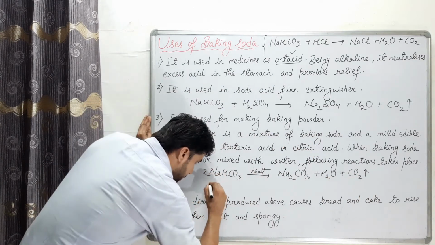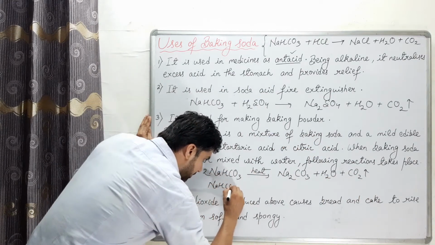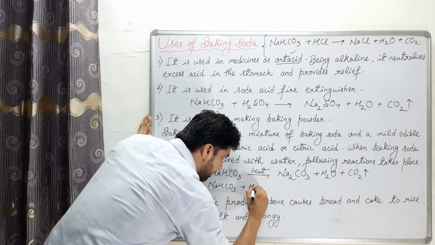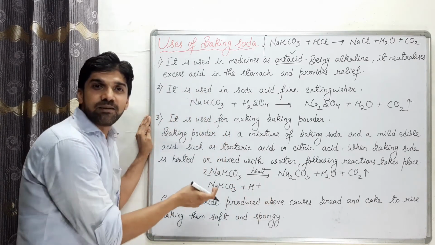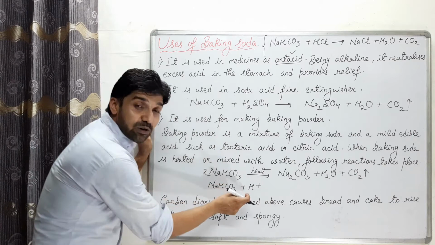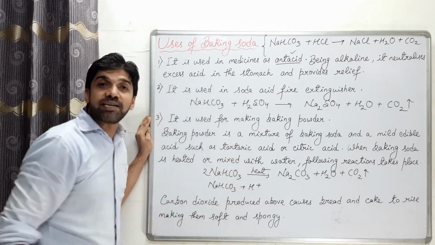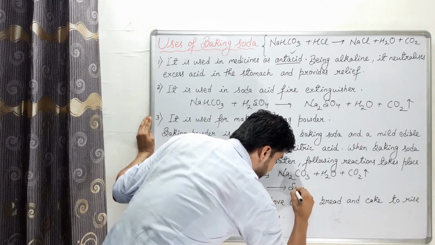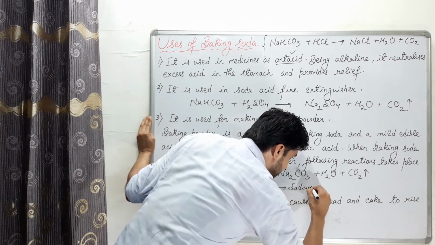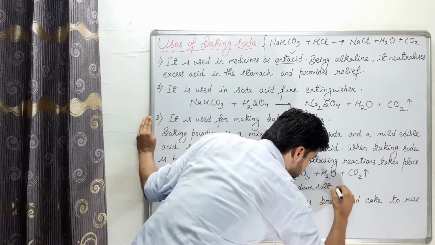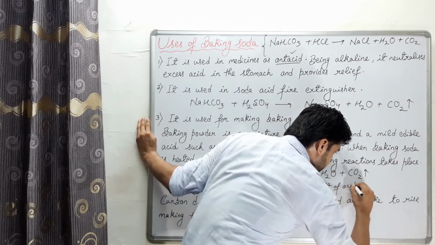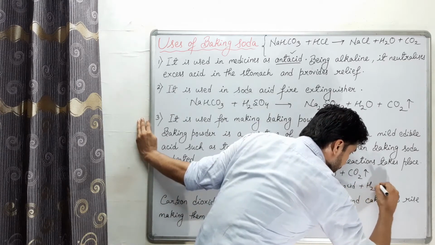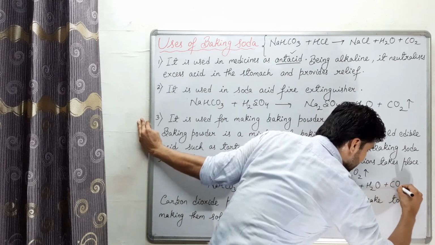Or similarly, when the sodium bicarbonate reacts with the hydrogen ion present in the tartaric acid or citric acid, we have formation of the corresponding salt, sodium salt of the acid, plus क्या बनेगा? वाटर. और क्या बनता है?